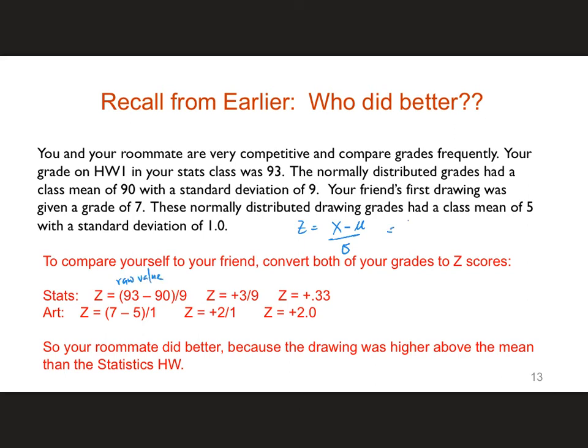So we have 93 minus 90 divided by 9. That is for the person in the stats class. Then in the art class, we have our z-score to be 7 minus 5 divided by 1. So that gives us 0.33 and 2. So in this case, your friend did better than you because your friend has a higher z-score value.